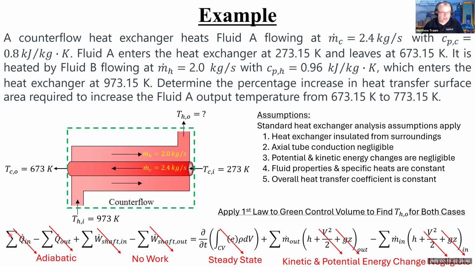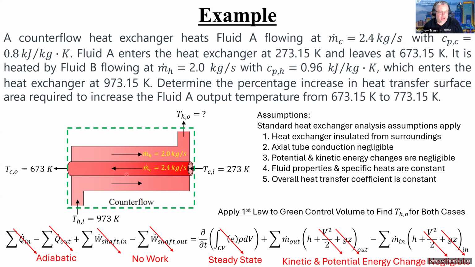I try to write out the entire first law of thermodynamics in all of its glory every time I solve one of these problems, both because I think it's important to see where all the terms are and the terms that you're crossing out. And also, I think the most cathartic, therapeutic thing in all of mechanical and aerospace engineering is crossing terms out of equations that you don't need. So I love to do that.